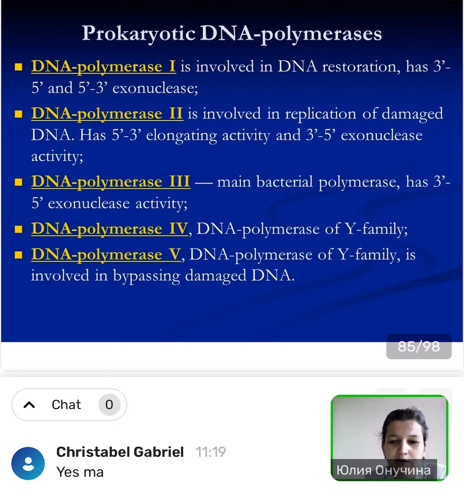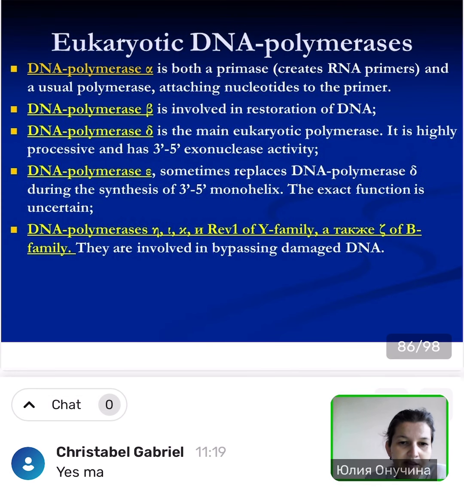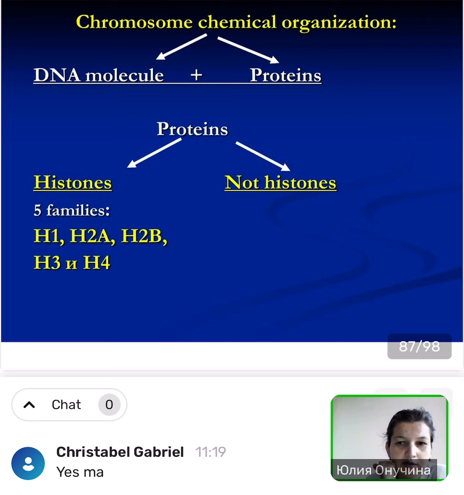If not, you will remember about this in the second course, find this information and read. The same, take a screenshot and save it for the second course. And about this we will talk in another lecture about levels of chromatin.